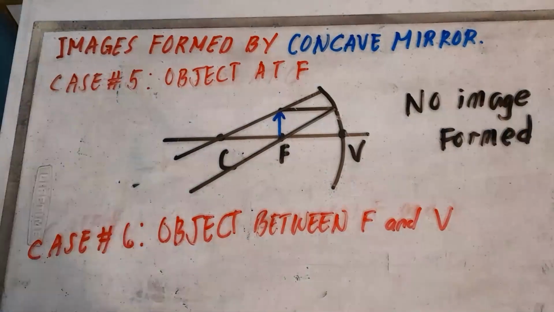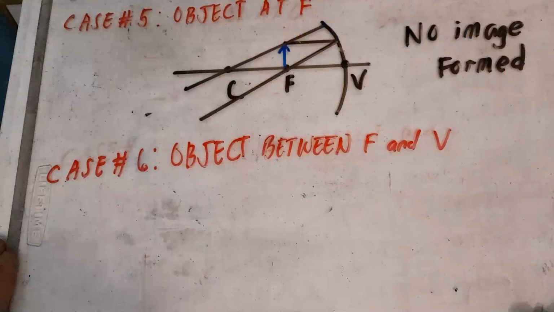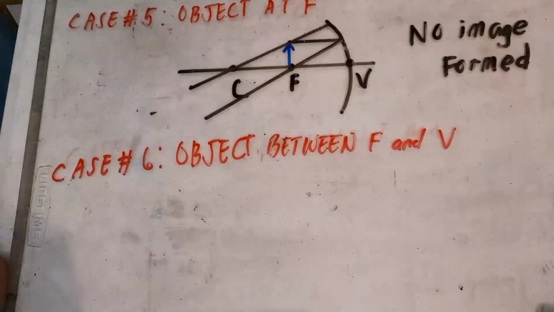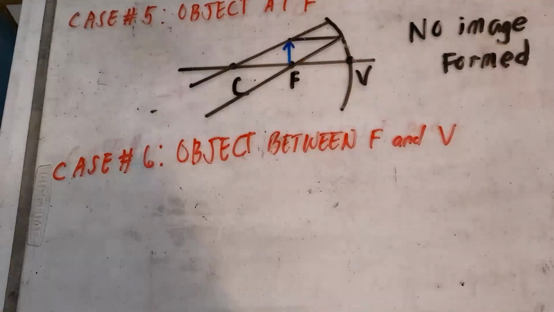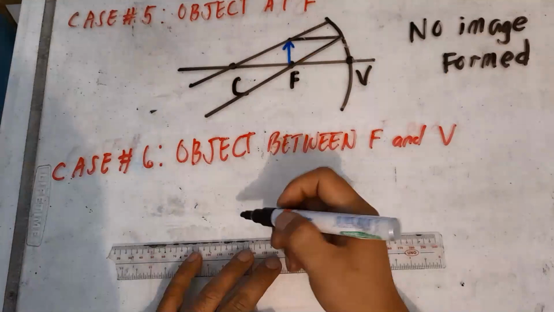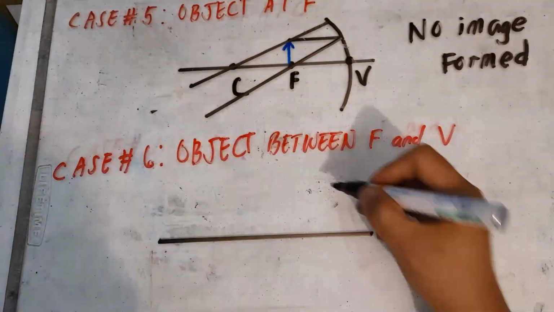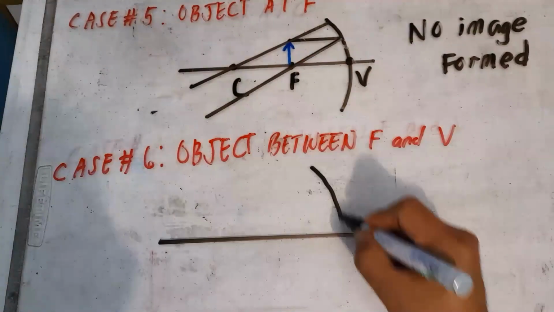Okay, next, case number 6, and this is the last case for the concave mirror. Object is between the focus and the vertex. So again, let us start by drawing our principal axis and then our concave mirror.